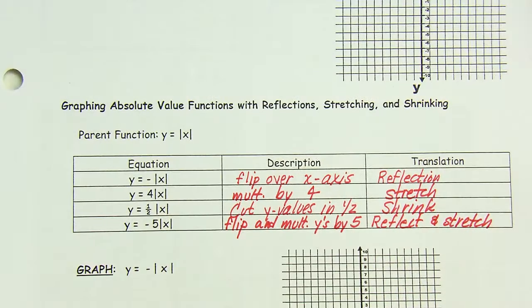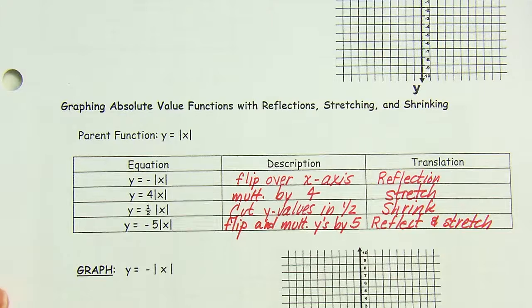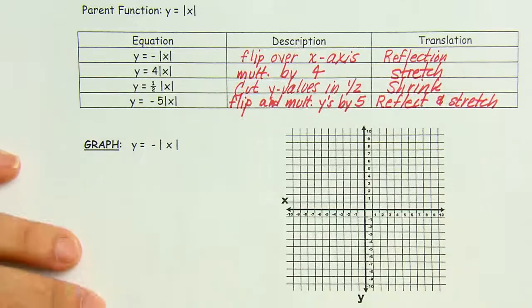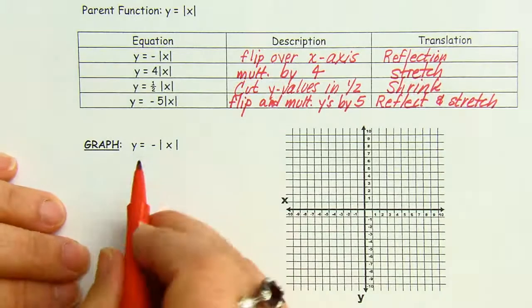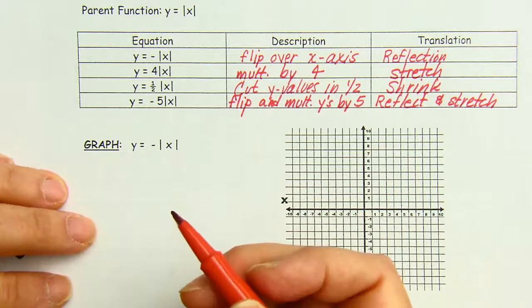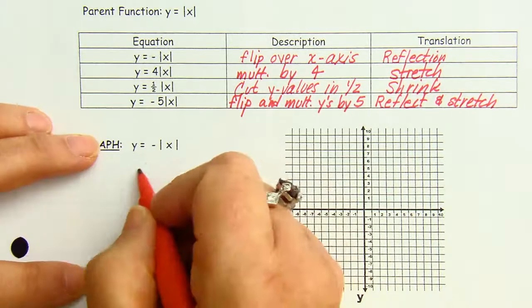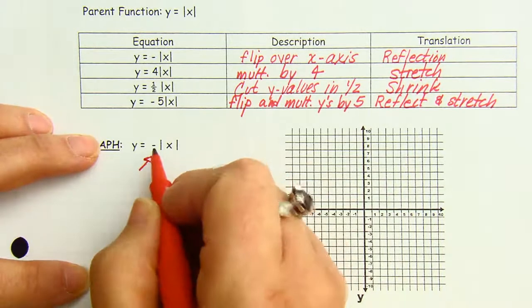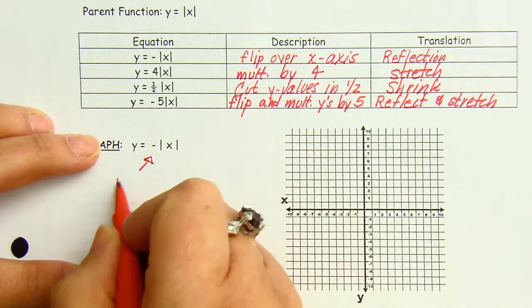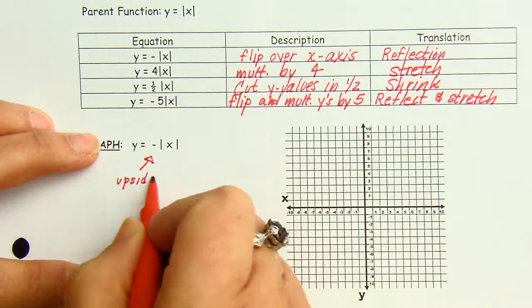And then at some point in this lesson, we're going to see how we put the stretching and the shrinking in along with the vertical and horizontal shifting. So our first example here, this is simply our upside down graph, this negative out front. Okay, so when it's a leading negative, it's going to flip it upside down.